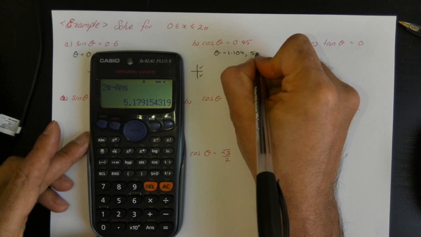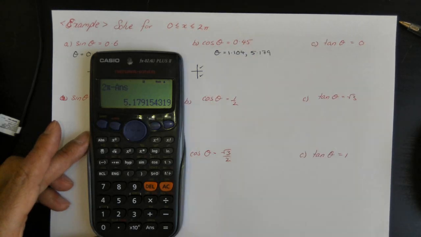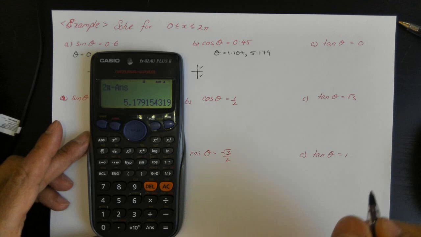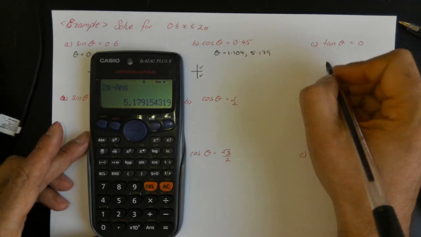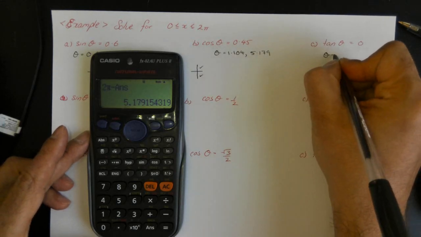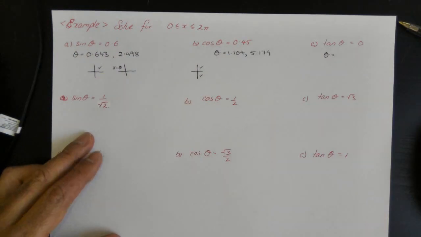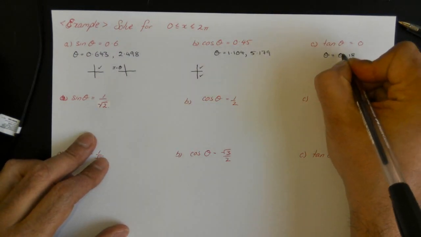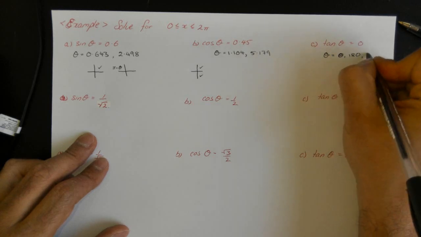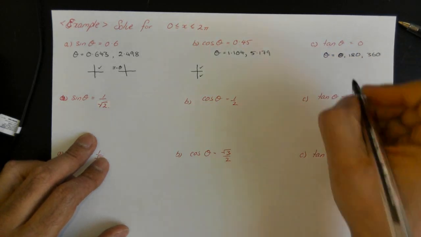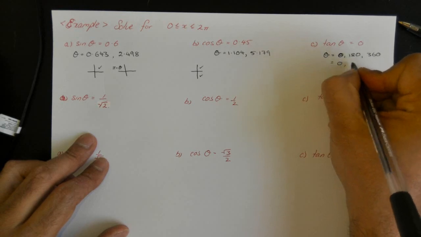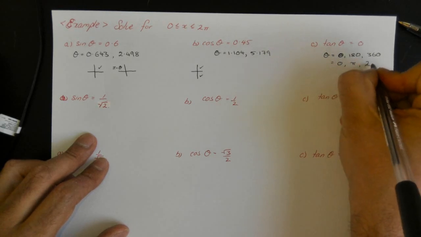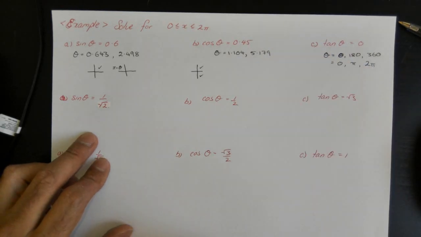You get 5.179. Okay. Tan theta equals 0. We remember that it was 0, 180, and 360. Well, that's going to be 0, pi, and 2 pi.